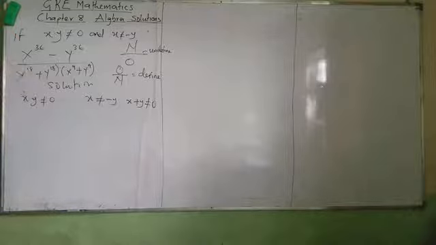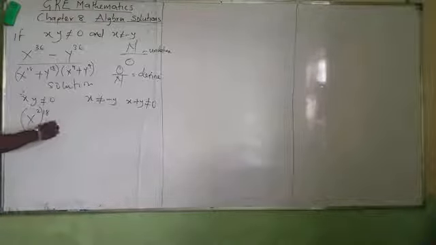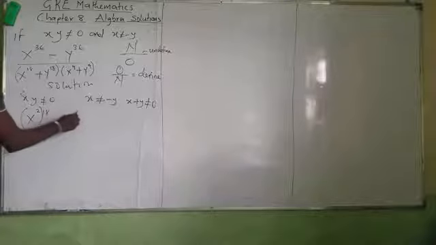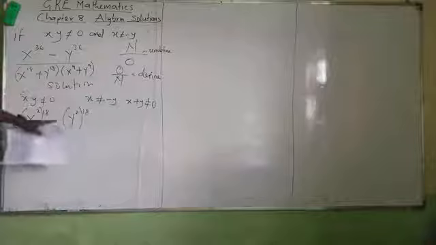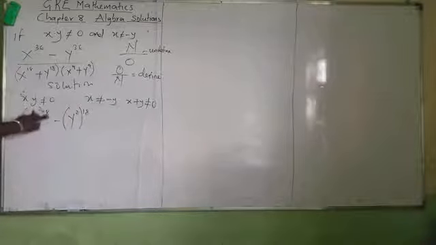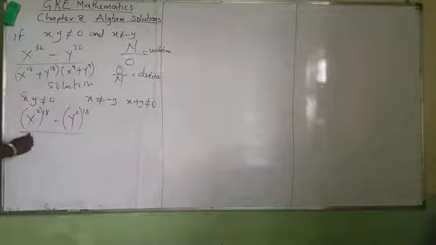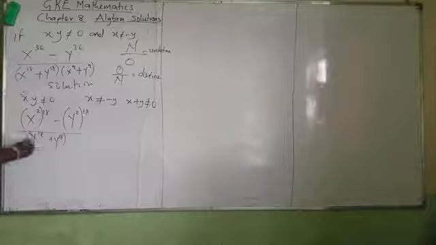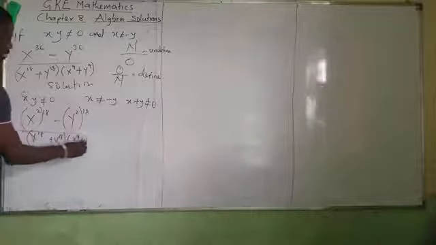Now, back to this. I can turn this as x raised to power 2 bracket of 18 minus y raised to power 2 bracket of 18, because this multiplied that is the power law in indices. Now, multiplied like this, we have 36 divided by x raised to power 18 plus y raised to power 18, and also x raised to power 9 plus y raised to power 9.